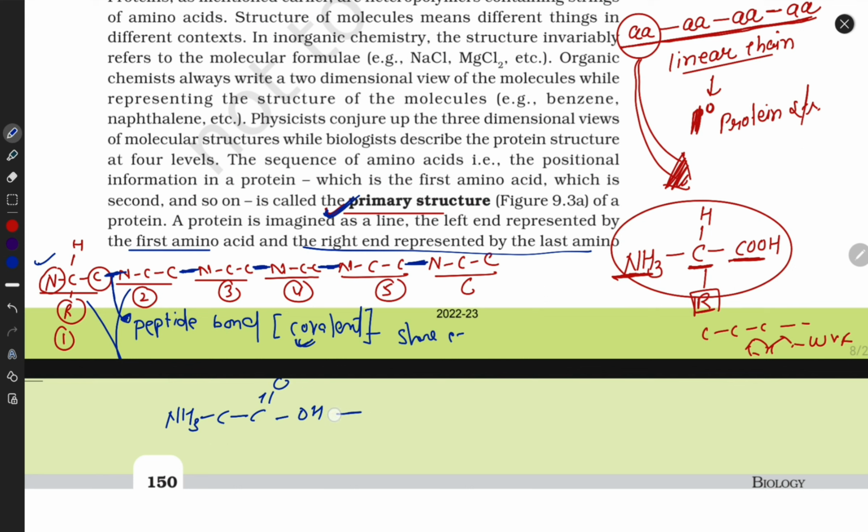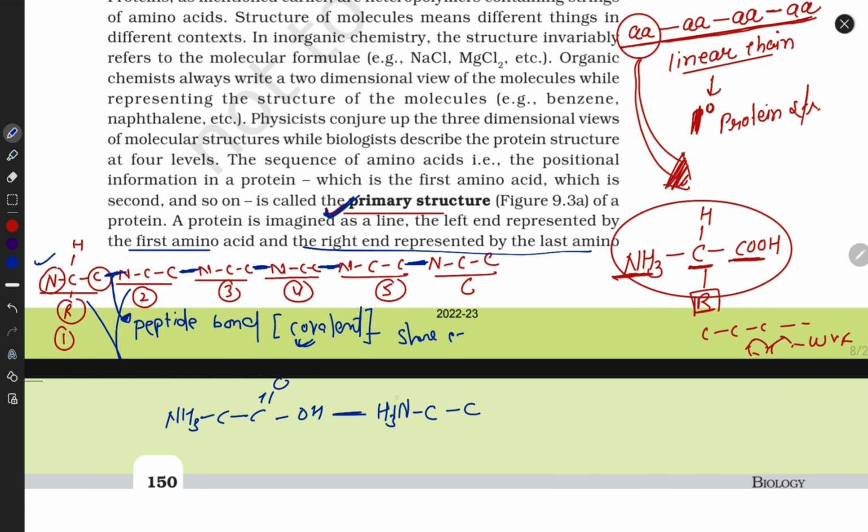Here is another amino acid, H3N and CC. I'm zooming in again on this structure, NCC, OH group. And now H and HCC. So this is one amino acid, clear guys? This is the other amino acid, clear guys? And here is removal of water.